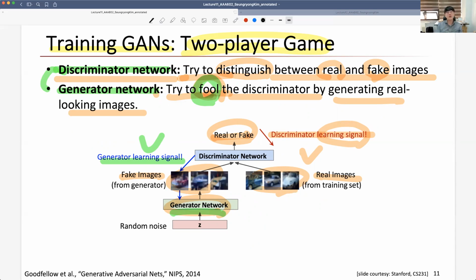There are two kinds of networks: a generative network and a discriminative network. The generative network tries to fool the discriminator by generating real-looking images, and the discriminative network tries to distinguish between real and fake images. By alternately training these two networks, we finally train a good generator network that approximates the real data distribution. Then we can generate real-looking images by using the trained generative network.